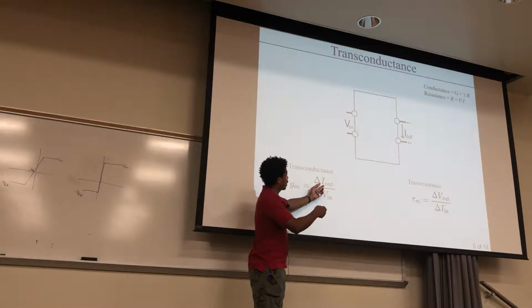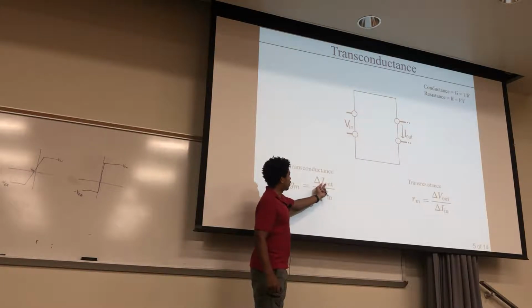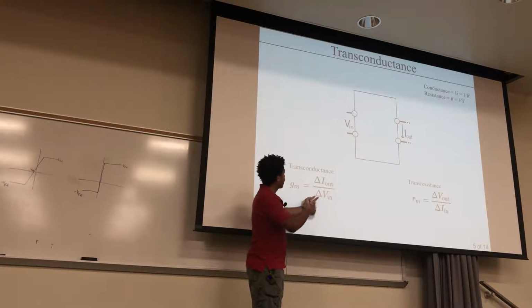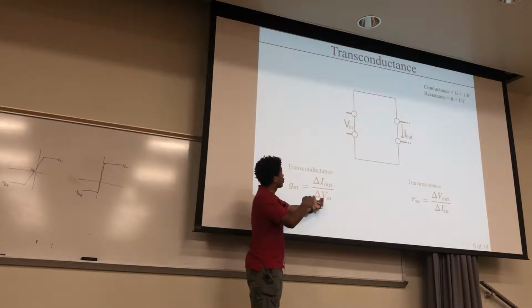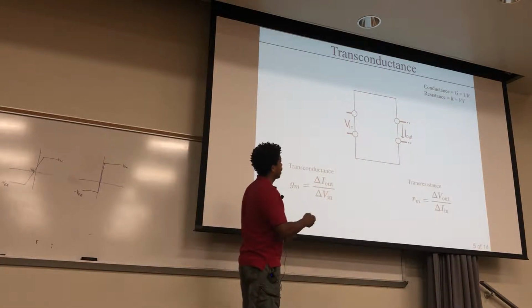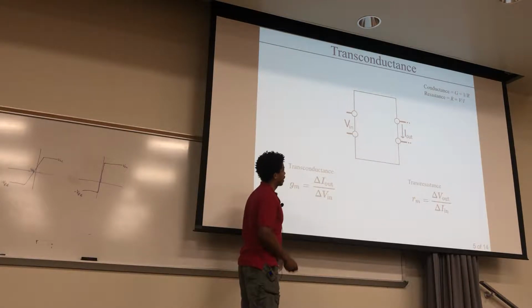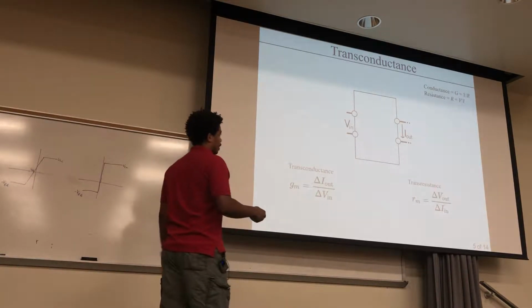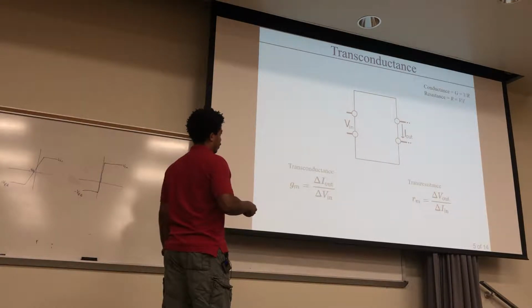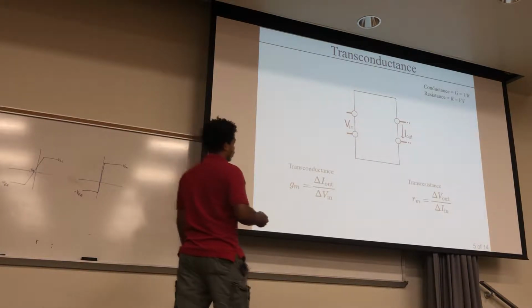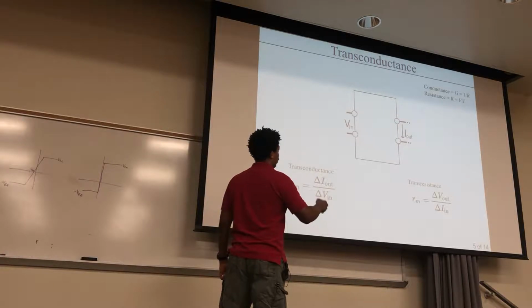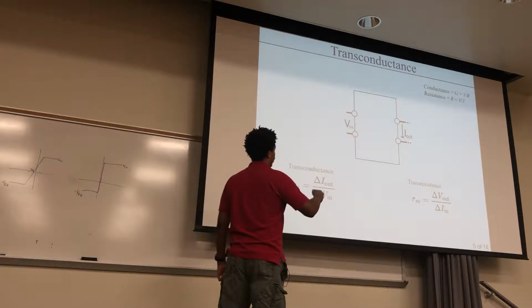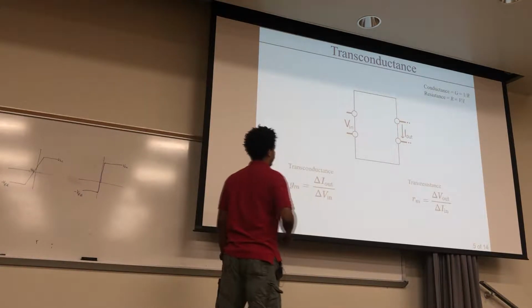It's the output current right here divided by the input voltage between these two terminals. So it's a slightly different definition than over here, and this conductance is called transconductance. It has to do with the change in the output current over the change in the input voltage.